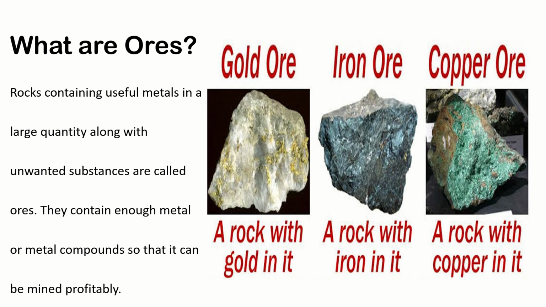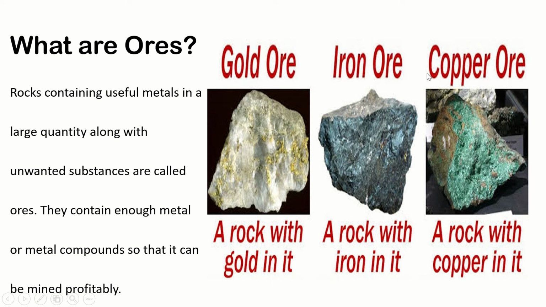So your next question is, what are ores? Children, when we go out, we can't just get a lump of gold or a big lump of iron lying in the ground. It is always mixed with other kinds of rocks. As you can see here in the image, you have a rock with gold in it.